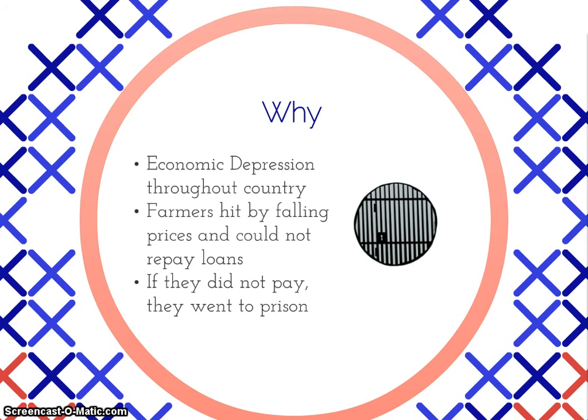So it left the farmers with two options: go to prison because they don't pay the debt, or go sell the land and have to work for somebody, which wasn't an option for many of them, or at least not an option that many of the farmers would like to see.